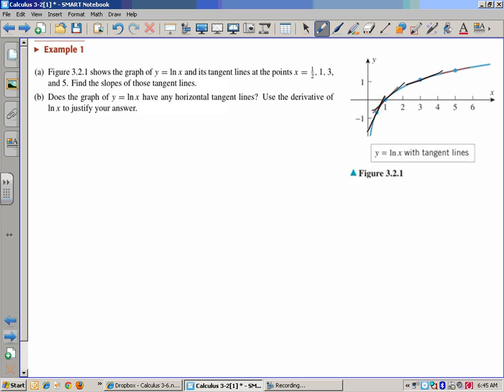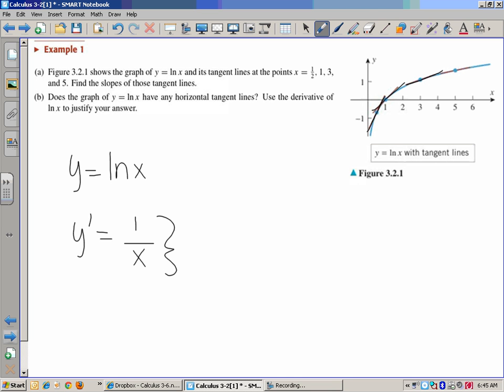The question on B says, does the graph of y equals natural log of x have any horizontal tangent lines, and use the derivative of natural log to justify your answer. Keeping in mind that you just wrote down the derivative, the derivative of the natural log of x is 1 over x. To answer the question, think about what we know about fractions.